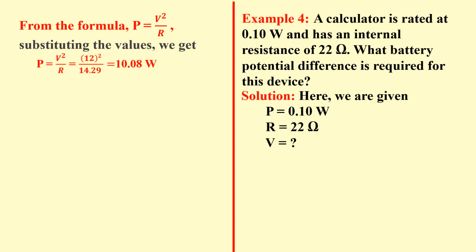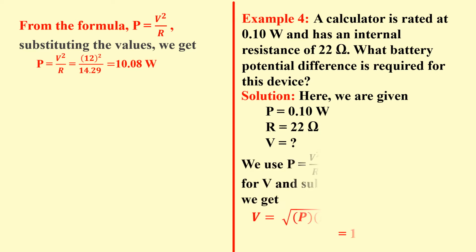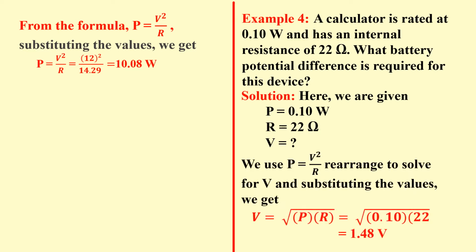The total resistance is 22 ohms and we are required to find the voltage. So, using the formula P = V² / R, rearrange to solve for V and substituting the values, we get V = √(P × R), or V = 1.48 volts.